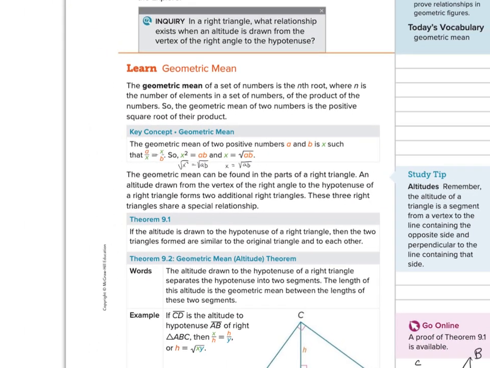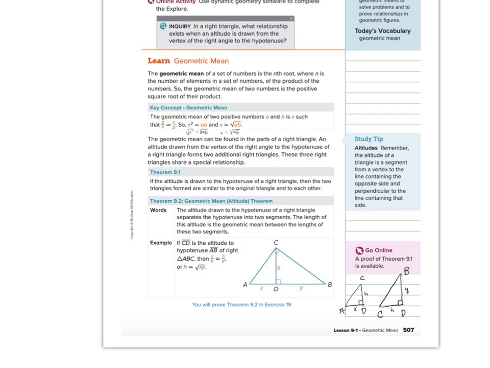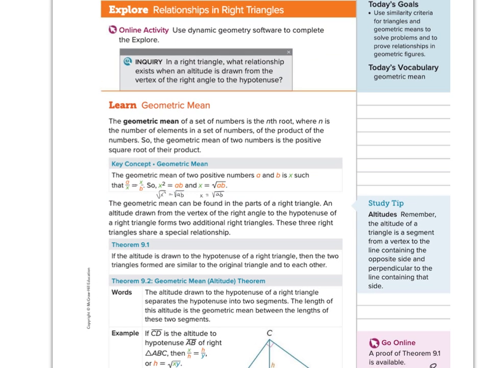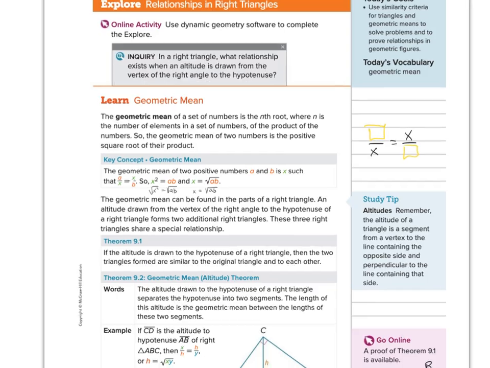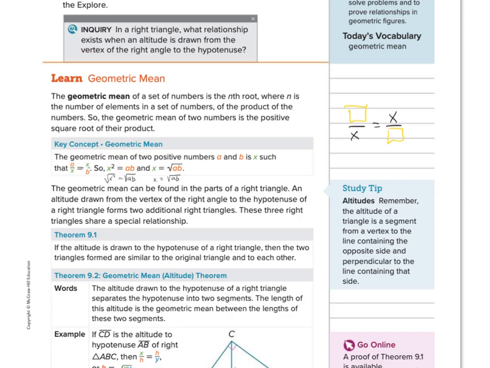When they ask for the geometric mean between two numbers, the problem should be set up like this: something over x is equal to x over something. I place my geometric mean values right here. What are those two values I'm looking for? It doesn't matter. You can actually set it up this way too: x over that number is equal to something over x.